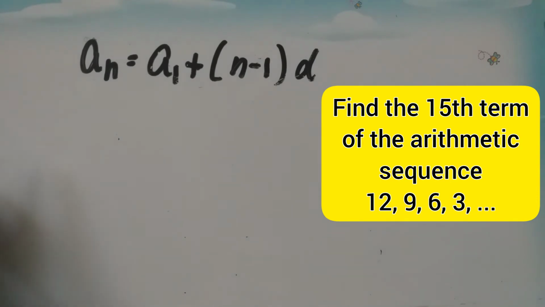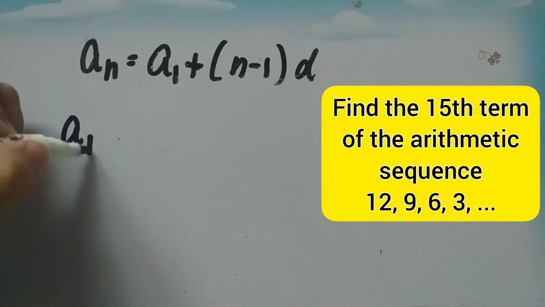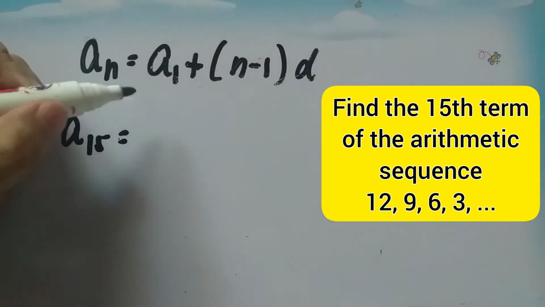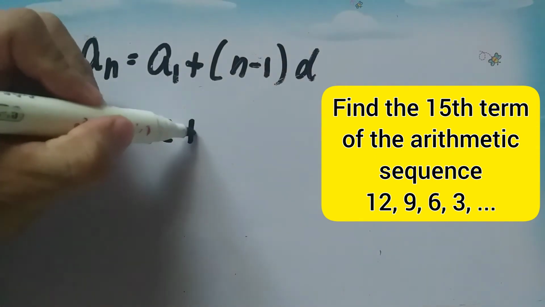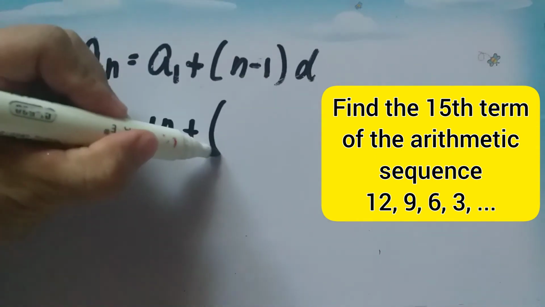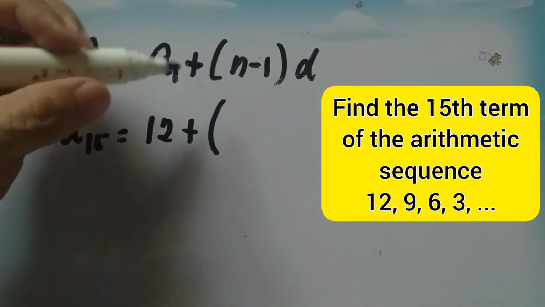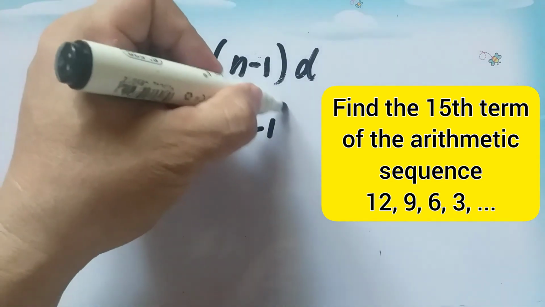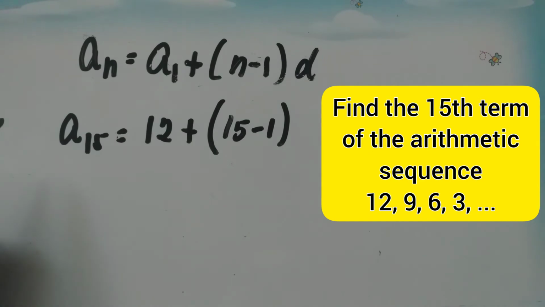We are looking for the 15th term, therefore our nth term is a sub 15 is equal to, our first term given is 12, plus, so n is 15 because we are looking for the 15th term, minus 1 times d. So what is our common difference?